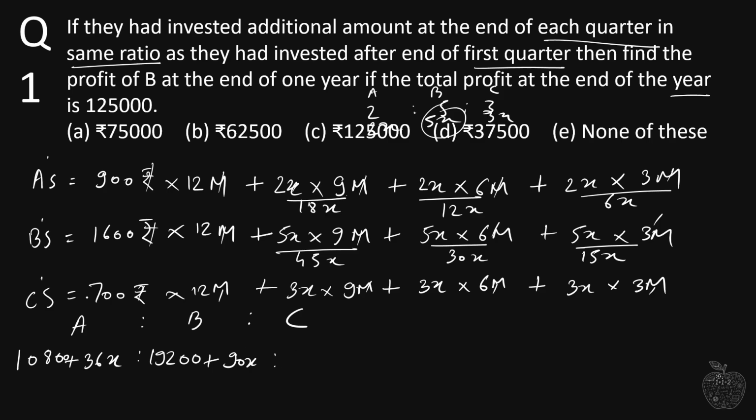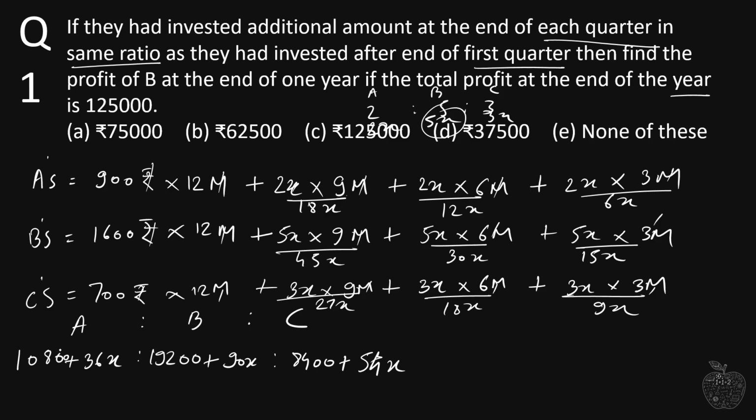Now let's talk about C. 700 into 12 will give me 8,400 plus 9 3s are 27x, 6 3s are 18x, and 3 3s are 9x, and the total will be 54x. So this is what we have got here.